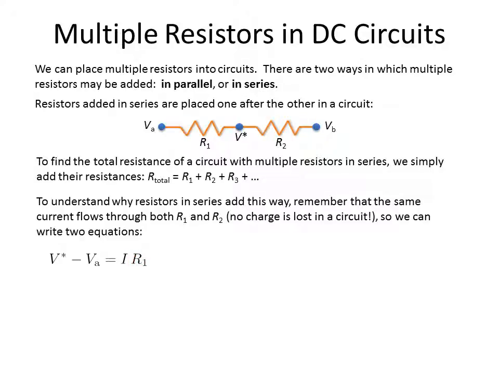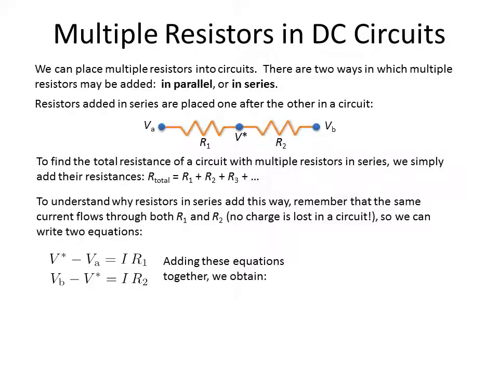V equals IR. Same thing for the next one. If we go from this star to VB, the voltage drop is given by VB minus V star, and it's R2 times the same current.